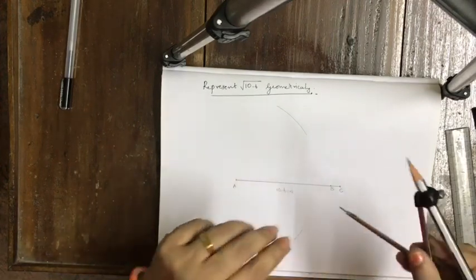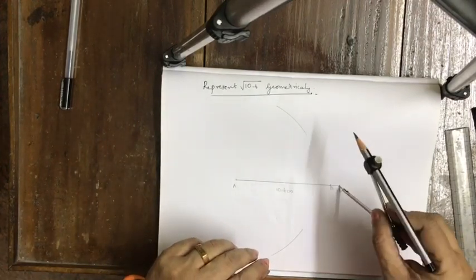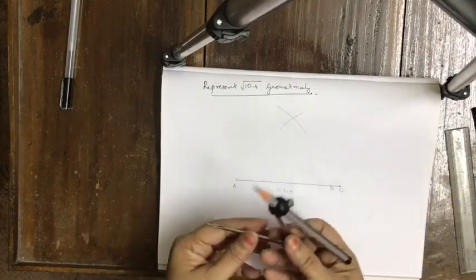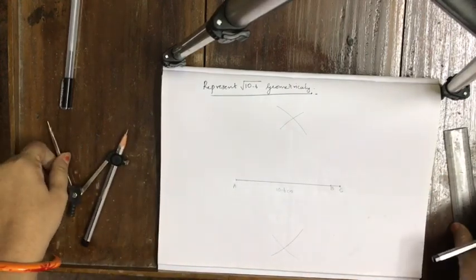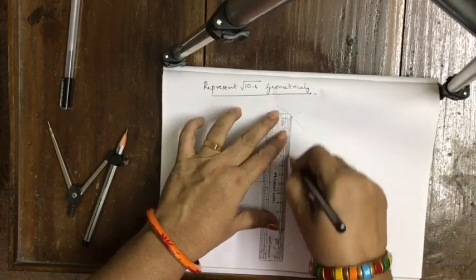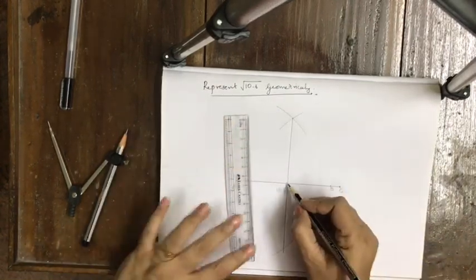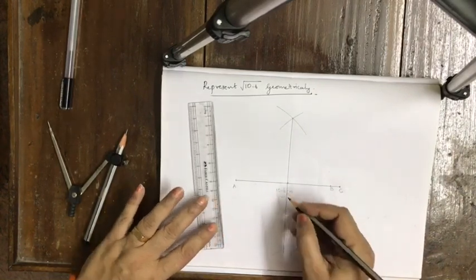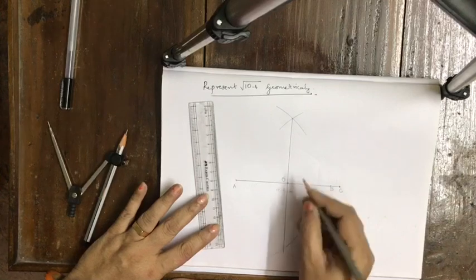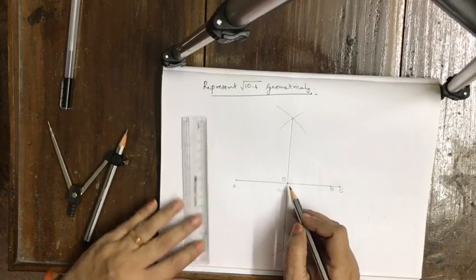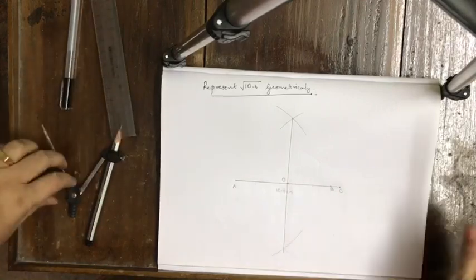Same measurement, keep it at C, strike an arc one above, one below on the previous arc. Now join these 2 points. The point where it touches the segment AB, mark it as O, and this O gives you the midpoint of AC.